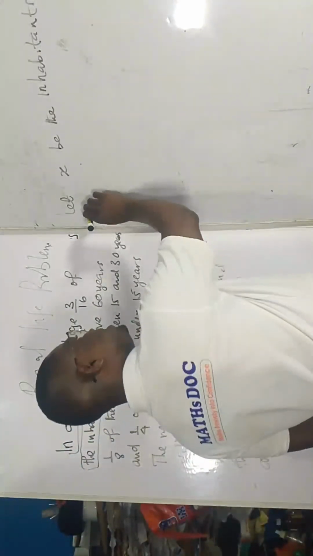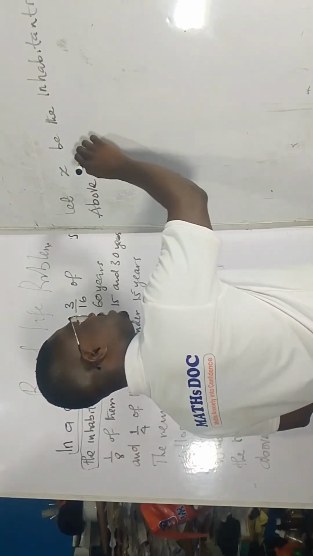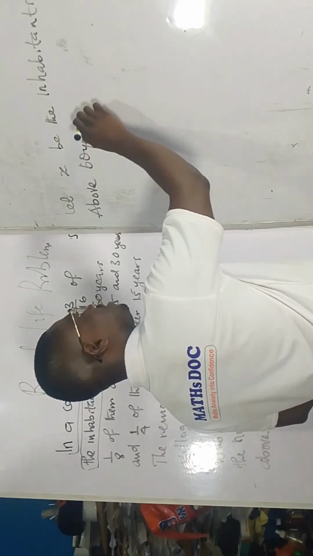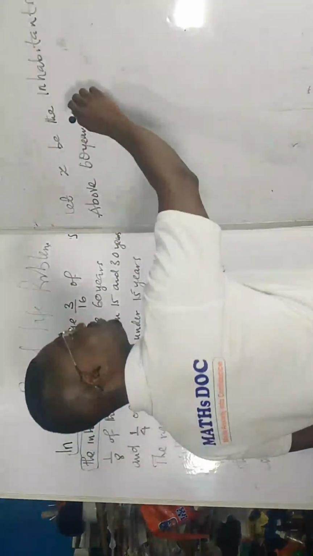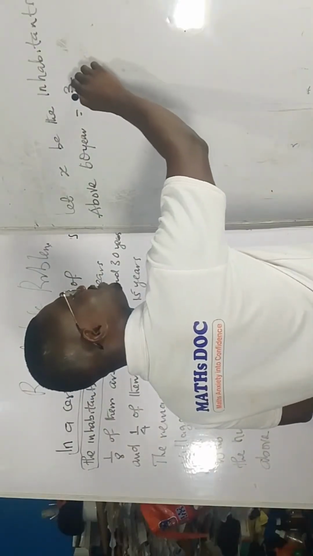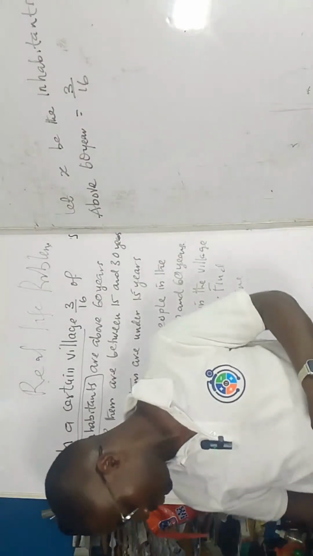So above 60 years, we have 3 over 16 of the inhabitants. When we say of, what do we mean by of?